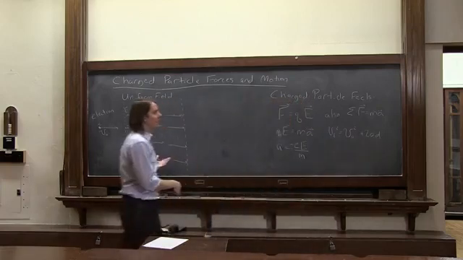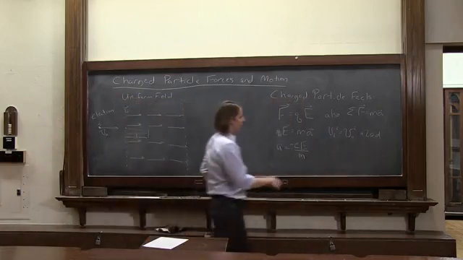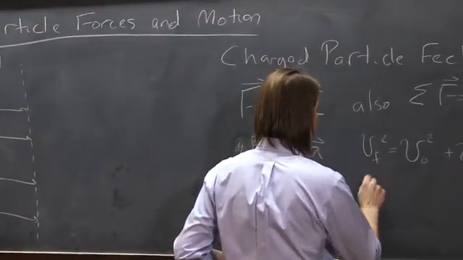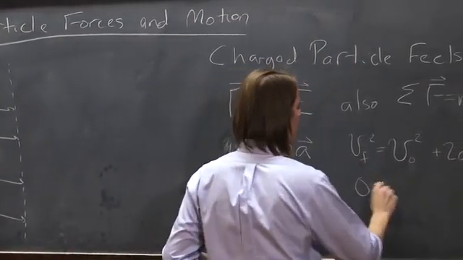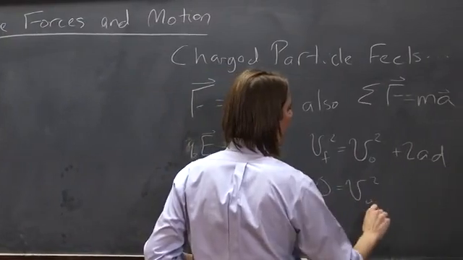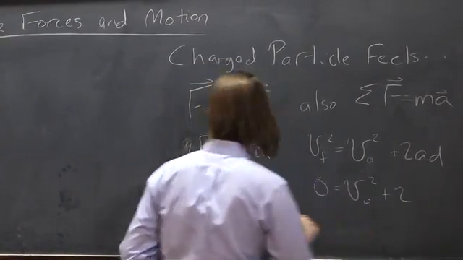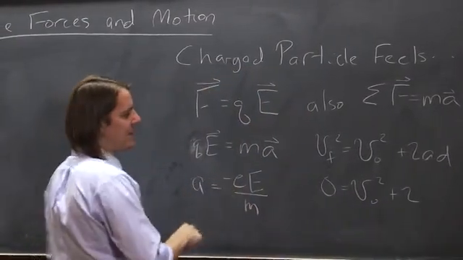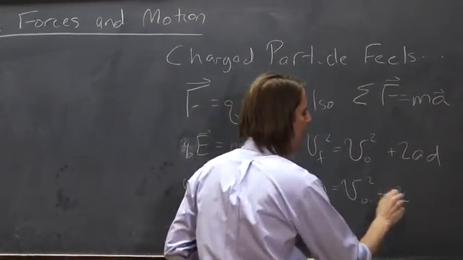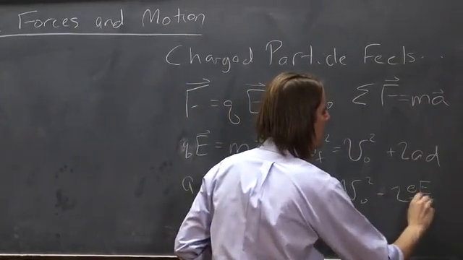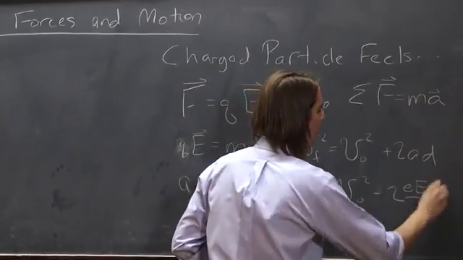In this case, we're looking for D. We want to know how far does it get in. It gets in until its velocity is 0. V naught is given in our problem, plus 2 times the acceleration, minus eE over m, and D is what we're looking for.